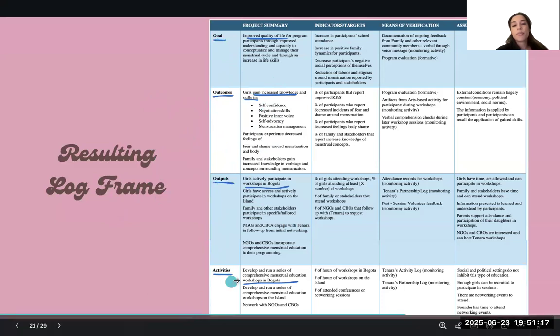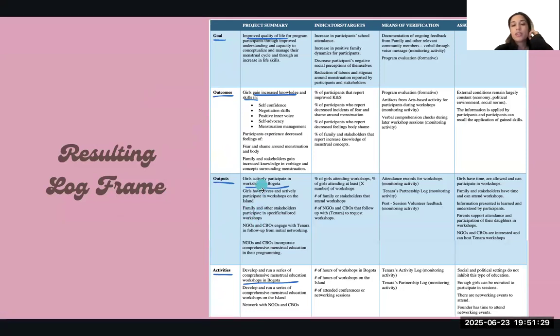And actually, you read it from the bottom up. An activity here is to develop and run a series of workshops in Bogota. The output of that is the girls actively participate in the workshop. There are also other outputs. The outcome of that is that girls increase their knowledge and skills in these things. And the overall goal is to improve quality of life.